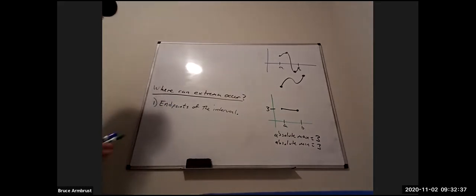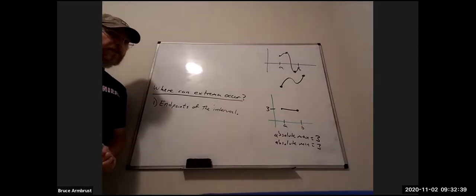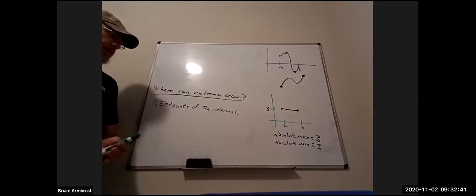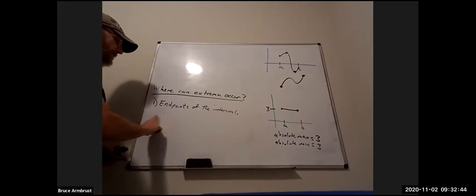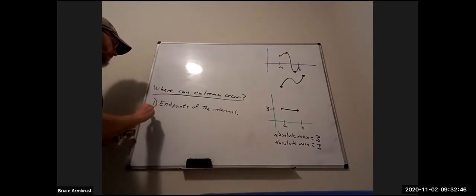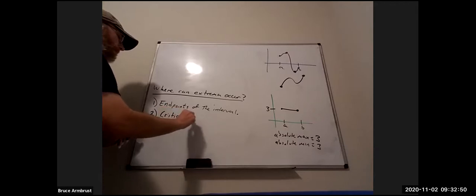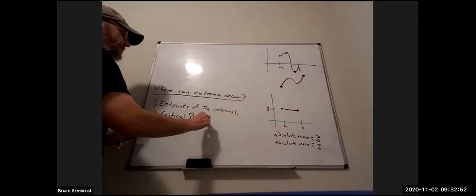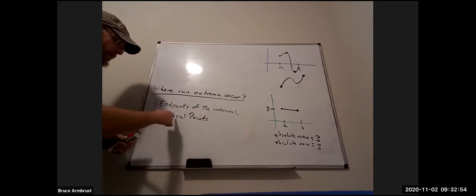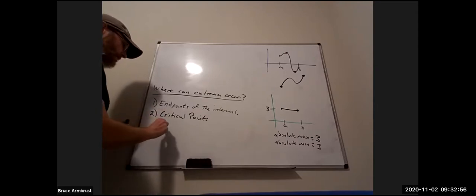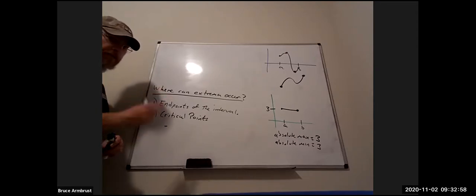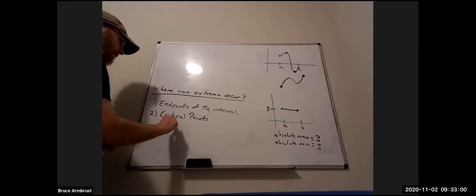Okay, but it is also possible that they occur somewhere in the interval. And those other places where they might be are what we call critical points. Now, a critical point, what this means, one of two things can happen at a critical point.